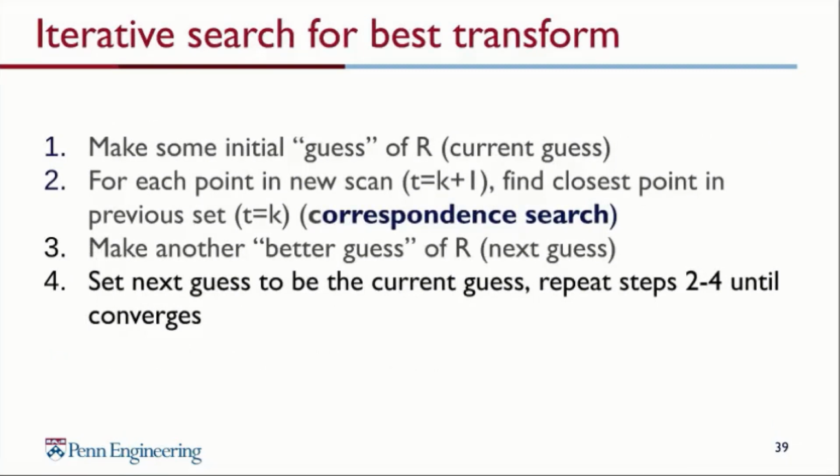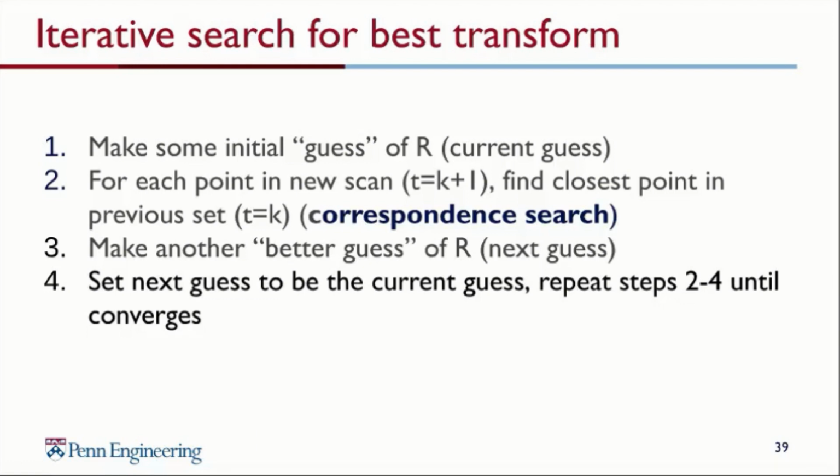So the way that the iterative algorithm works is that you make some initial guess of R, which we call the current guess. And after transforming the points with respect to this guess of R, for each new point in the scan, we find the closest point in the previous set at time t equal to k, a process that we call the correspondence search.